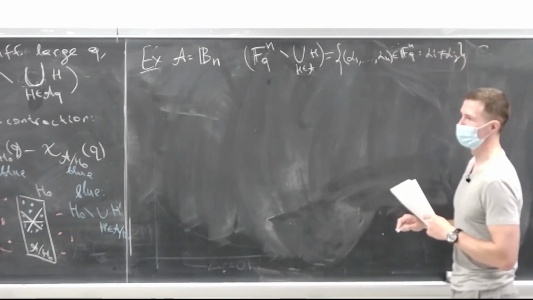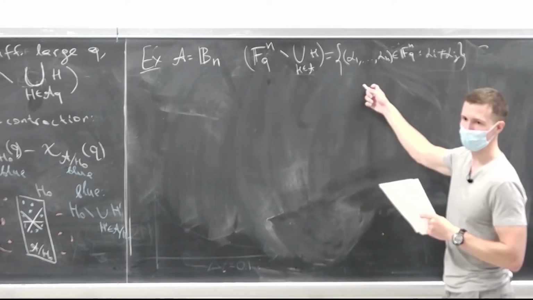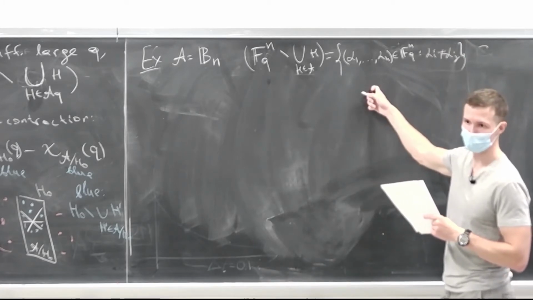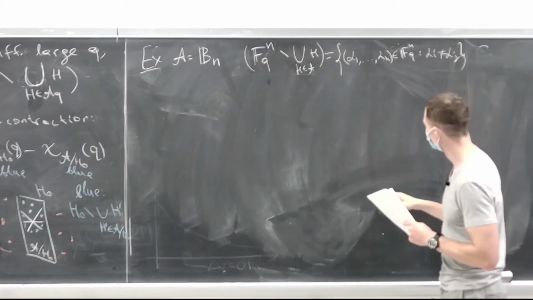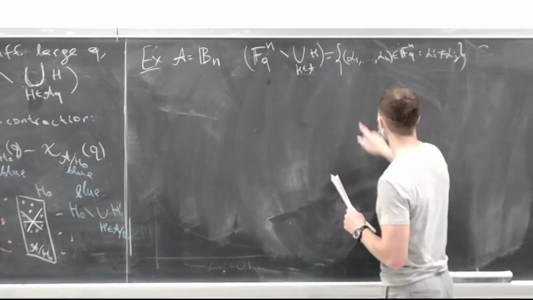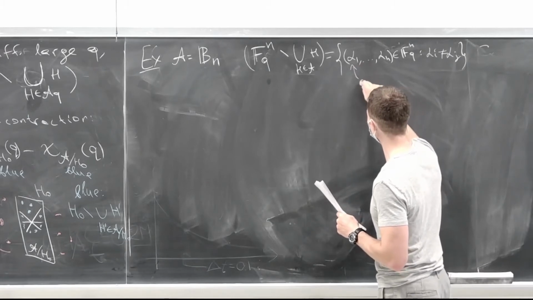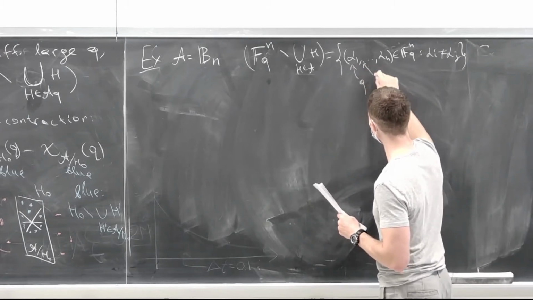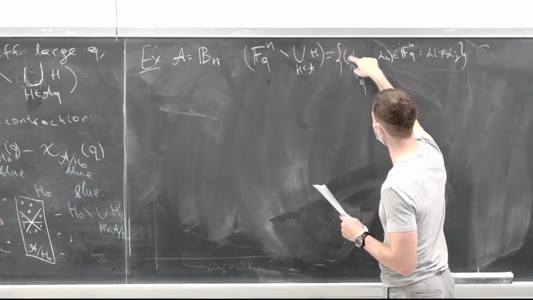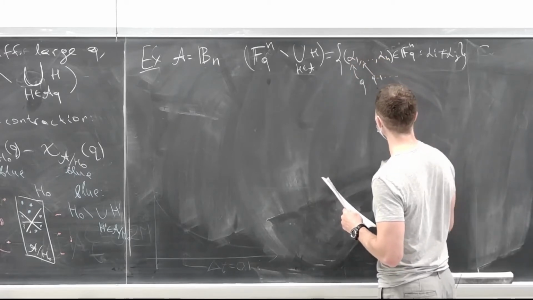How do I count how many there are? There are q options for the first, and then for the next there are q minus 1 options because it has to be not equal to the first, and so on.